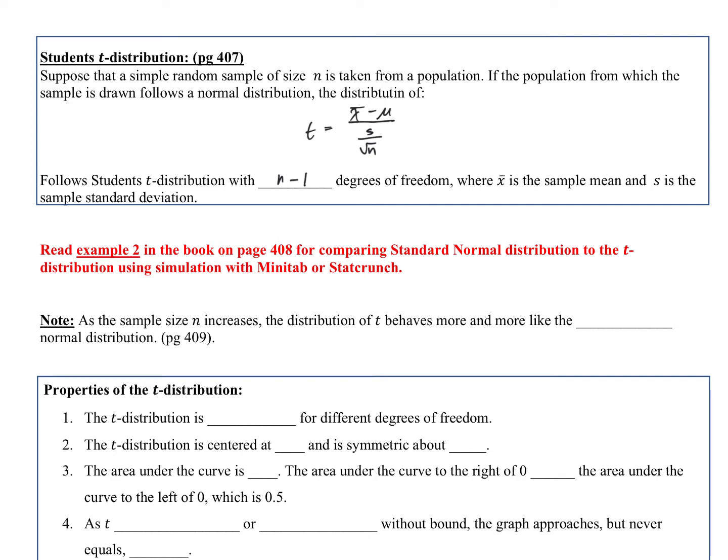So small thing to say about degrees of freedom. Example, imagine you had 5 pens of different colors, right? So 1, 2, 3, 4, and 5 pens of different colors. And you had 5 students that wanted to borrow the pens.